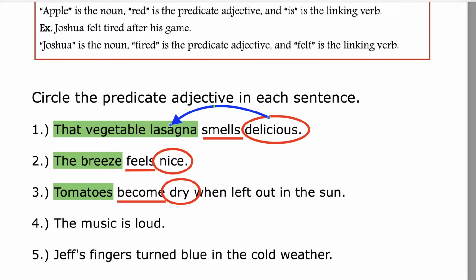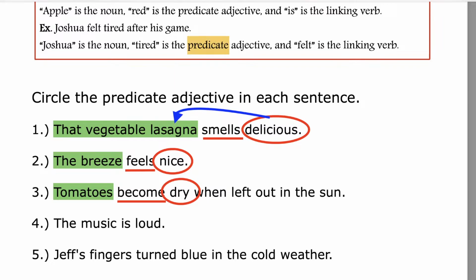What is the subject noun this adjective is describing? I can change it and do it like this too. There we go. Delicious is describing lasagna, right?